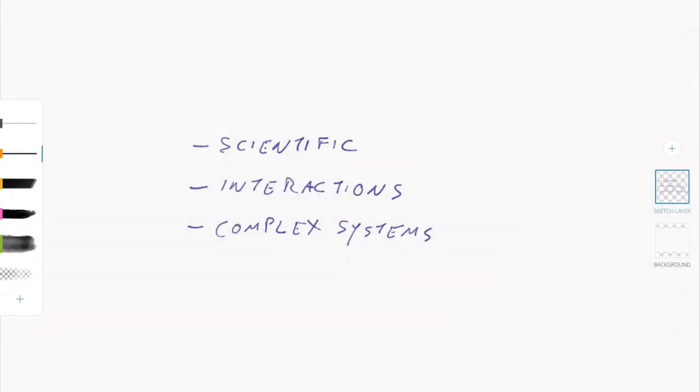So, summing up, we have at least three good reasons to use mathematics in our business, and we have seen them so far. The first point is that if you want to have a scientific approach, you have to use mathematics because that's the difference between philosophy and physics, for example. The second very important point is that with a mathematical model, you can model and study interactions.